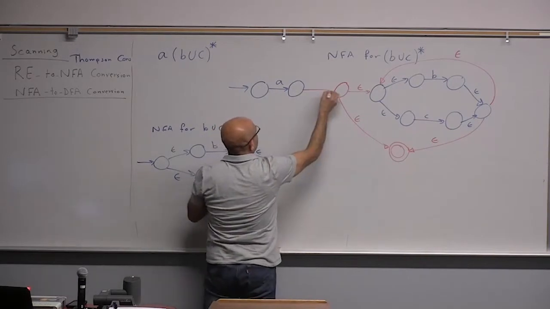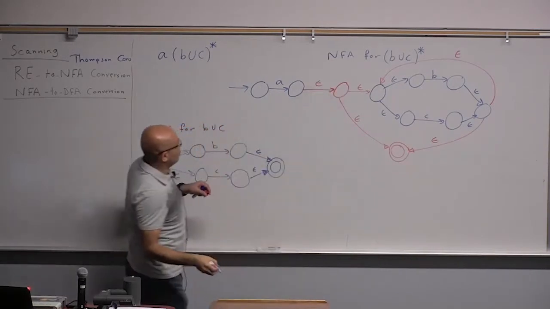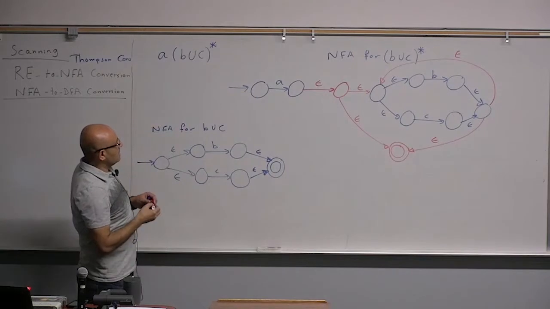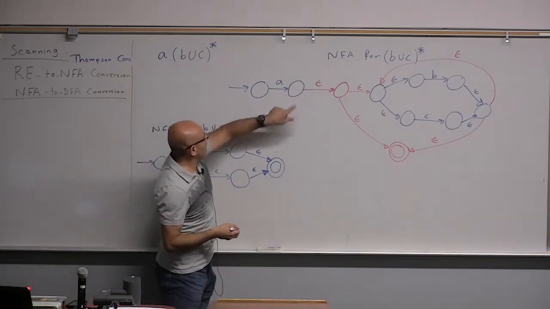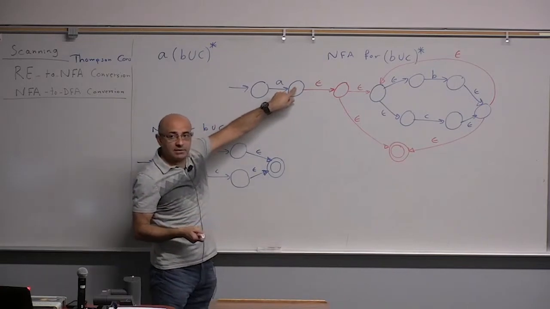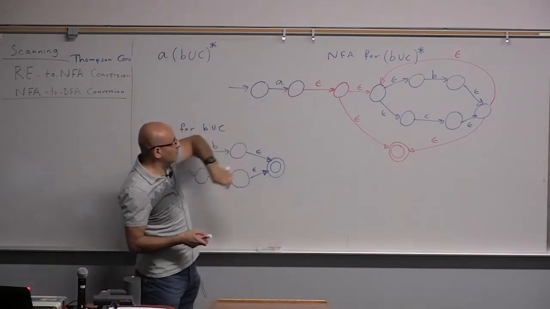So I connect them with an epsilon transition. And the accept state for the A will no longer be an accept state. Remember, the accept state for the first one will no longer be accept.